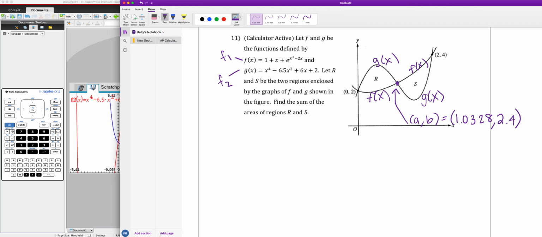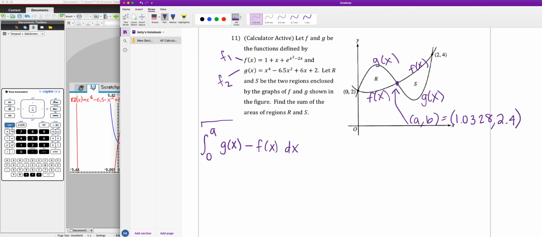So they're intersecting at this coordinate pair. I am calling it (A, B), which means that later on I can actually use the letter A in my answer when I write my integral there, since I've defined it for my grader. So to set this up, I need to find two separate areas here, but because I want their total area, I'm then going to add them together. So let's start with the area for R. This is going to be the integral from 0 to A of g of x, because that's my top curve, minus f of x with respect to x.